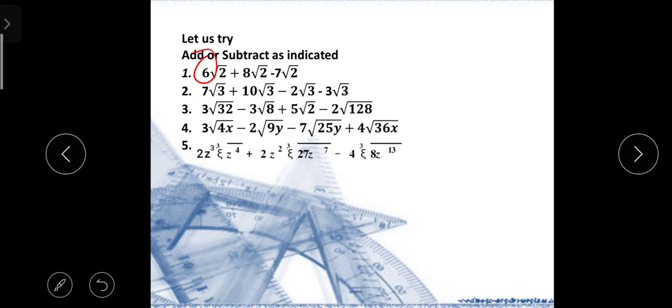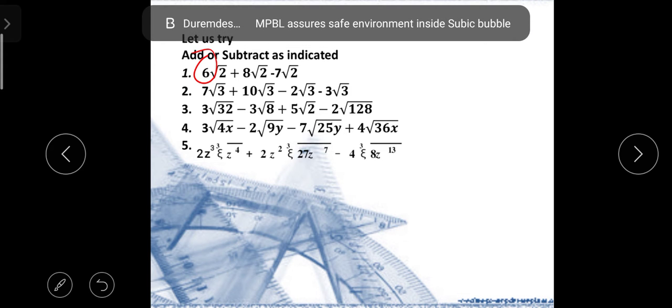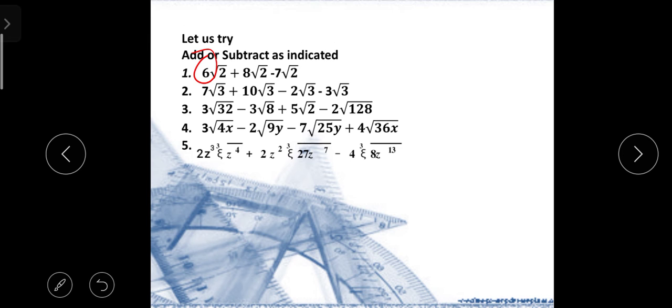So, meron tayong 6 plus 8 is 14. So, yun ay parehong positive. Kaya add. Minus itong negative na 7. So, 14 minus 7 is 7. So, ang answer dito is 7 square root of 2.